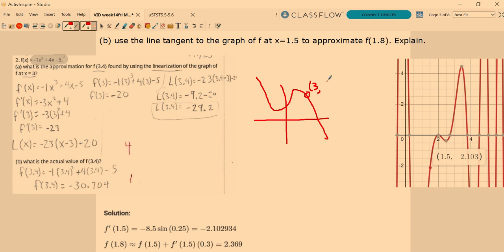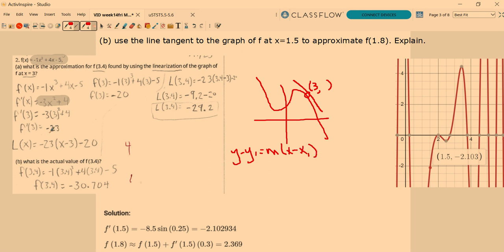3 comma something, and let's say we create a line based on the derivative. You take the derivative of this, which becomes this. You plug in 3 into the derivative and you get negative 23, which is the slope. And remember, our point slope form is y minus y sub 1 equals m times x minus x sub 1.